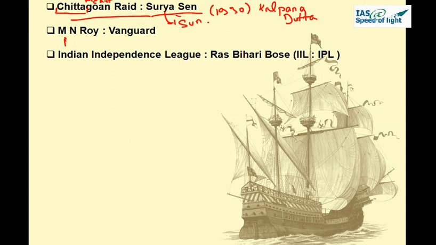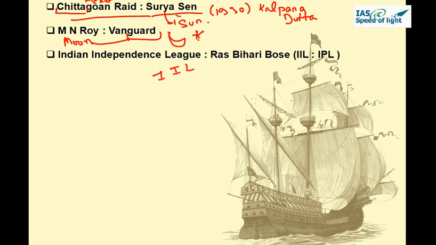Then M.N. Roy. Roy becomes moon, right? And Vanguard. Guard becomes your security guard. So security guard, given guns in the shape of a moon. So M.N. Roy, Vanguard, it is very important. Indian Independence League, or IIL, we make it IPL, Indian Premier League.